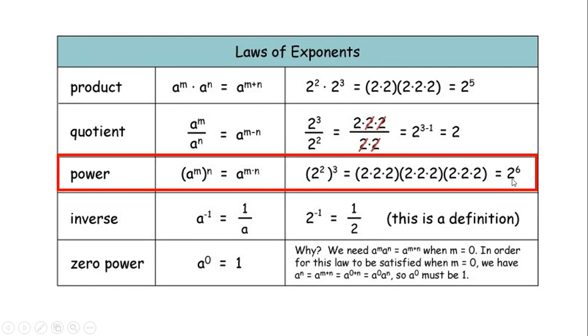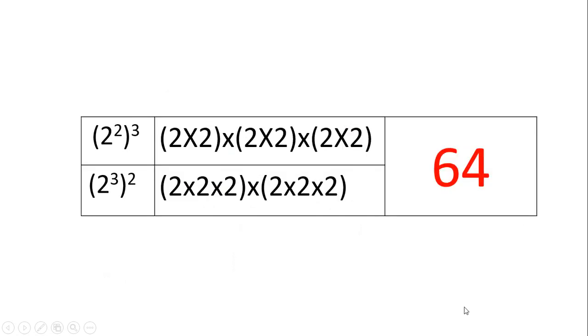So the short observation is simply take the powers, multiply them together, and you get 2 to the power of 6. Is that okay? So remember this. Basically, when you have a to the power of m raised to the power of n, you simply multiply the exponents together.